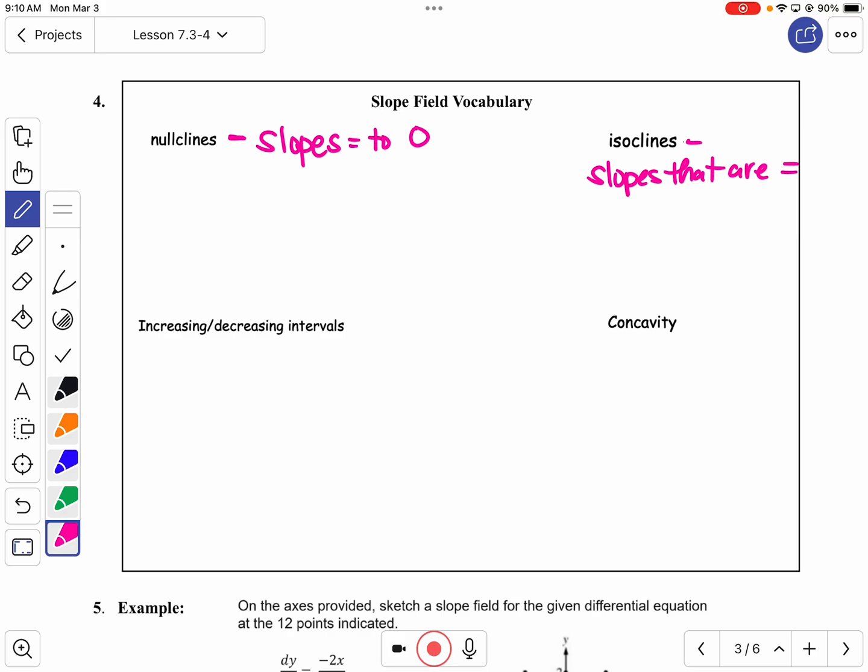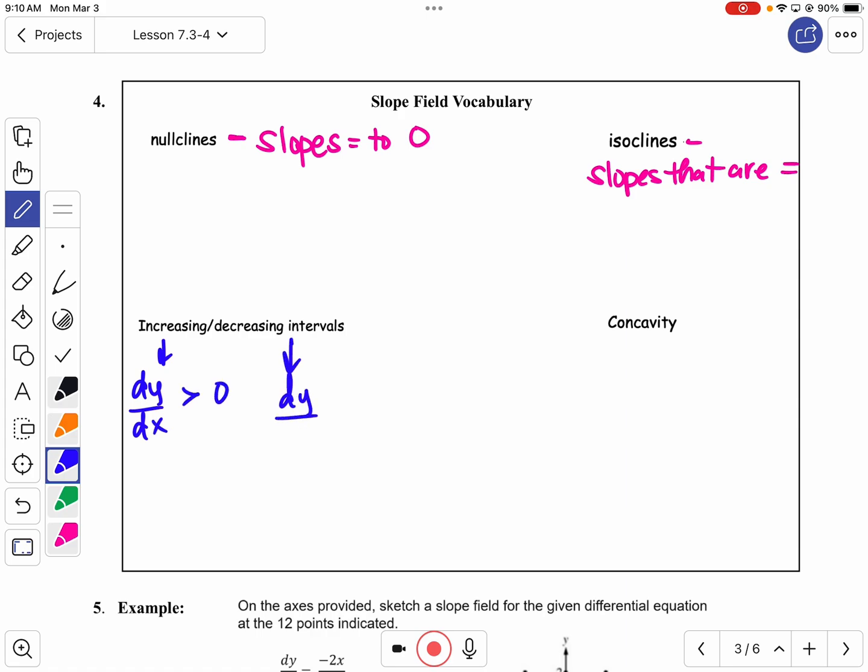Now the rest of this really falls into what we know about derivatives, because what we're looking at are slopes. How do we know when an original function is increasing or decreasing? If my slope is positive or negative. So we increase when dy/dx, or our slopes, are greater than 0.